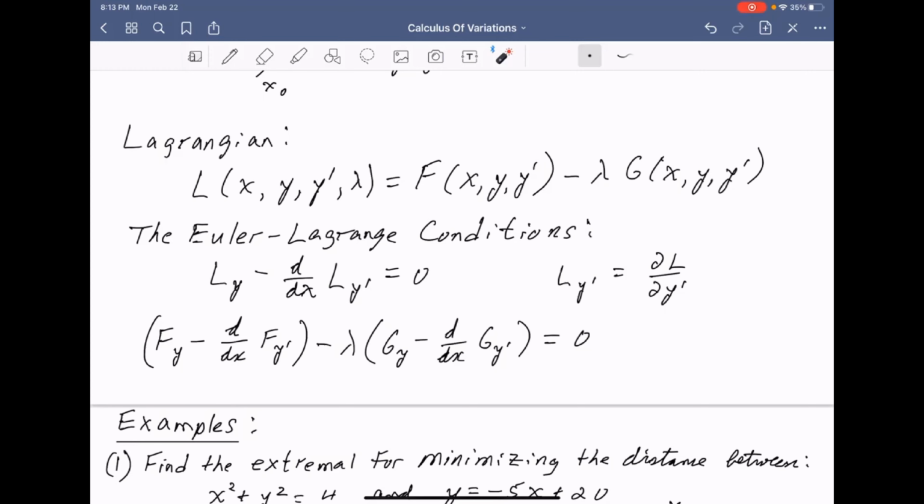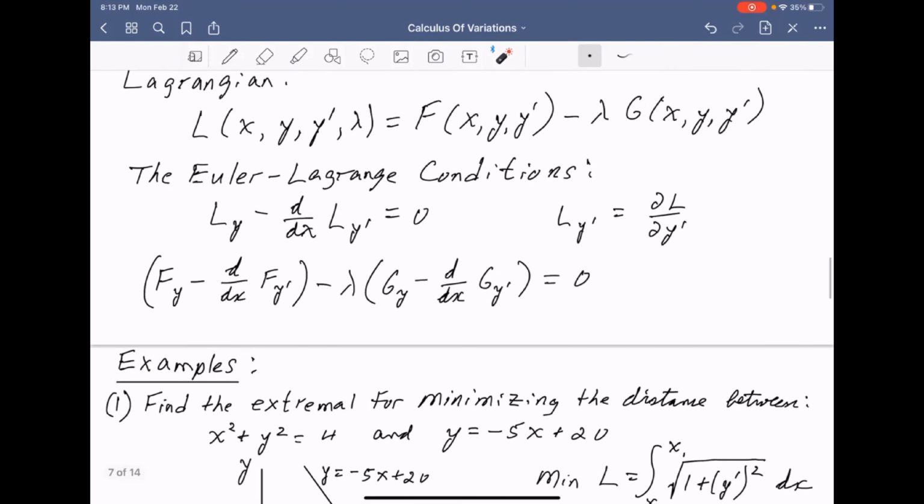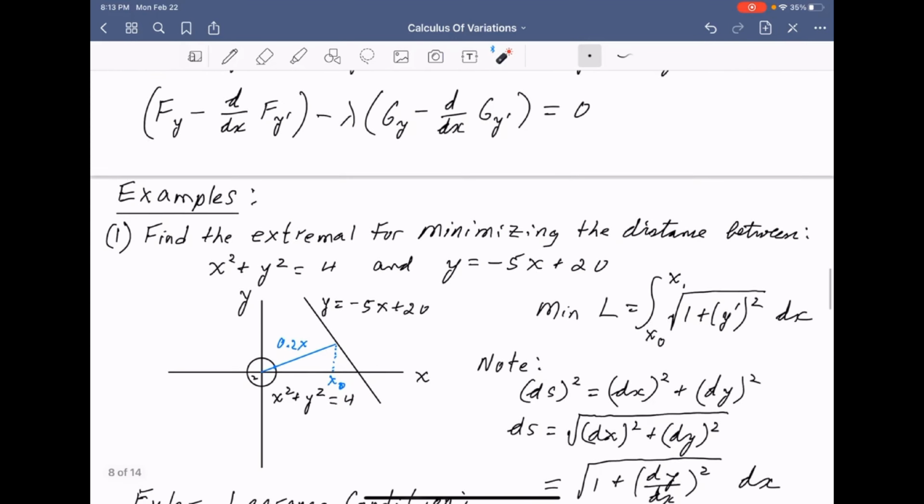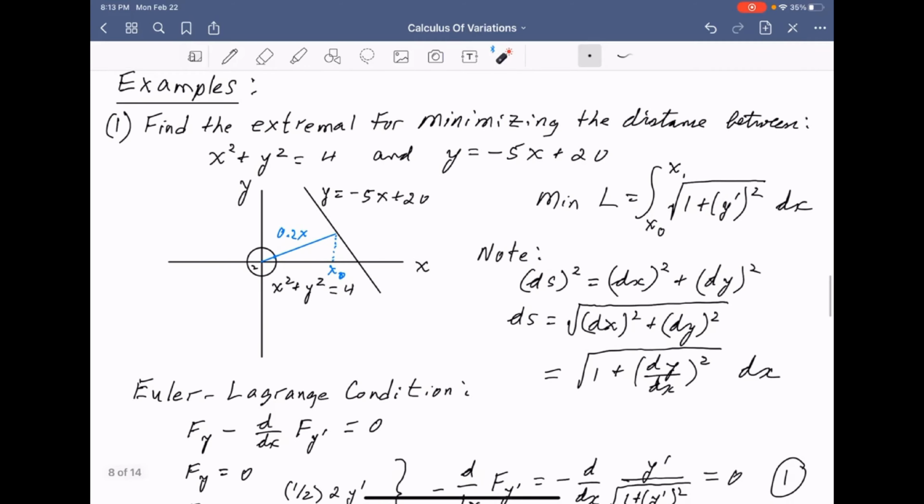Now, in order to understand this somewhat better, it helps to have a couple of examples, so we're going to go through two examples.